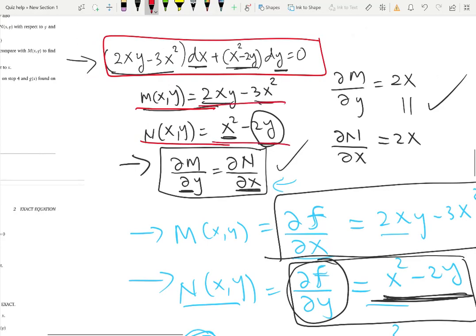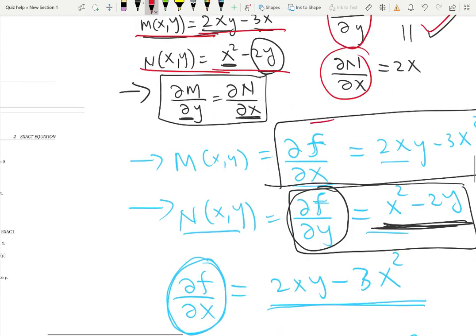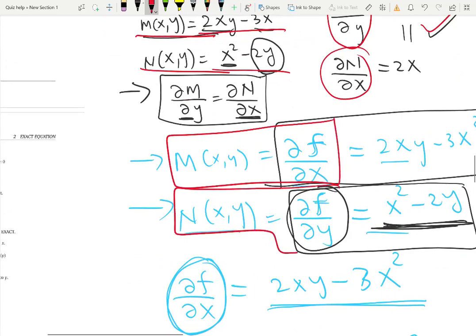Do the exact equation test. That means differentiate M with respect to y partially, differentiate N with respect to x partially, and see whether they are the same. If they are the same, continue. If they are the same, that means M is the partial derivative of f with respect to x and N is the partial derivative of f with respect to y.